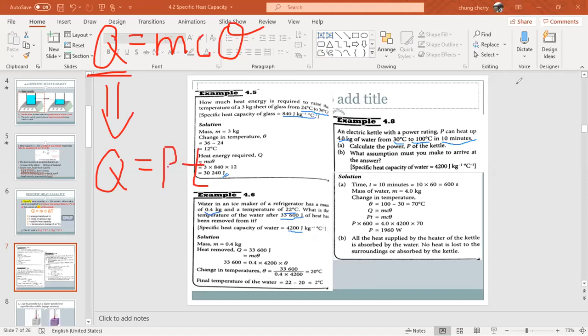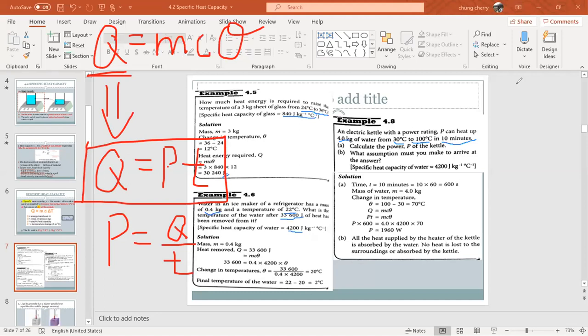I think you may copy this down inside your notebook. Q equals power times time. So for example 4.8 question A, to find the power, it will be Q divided by time.